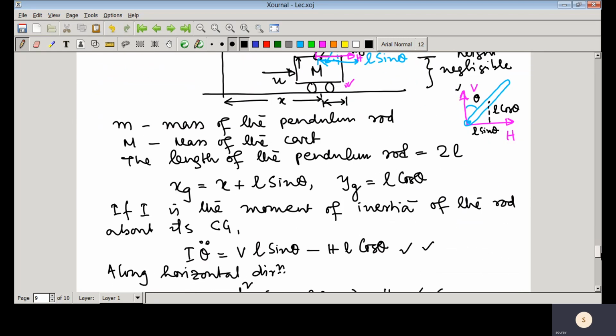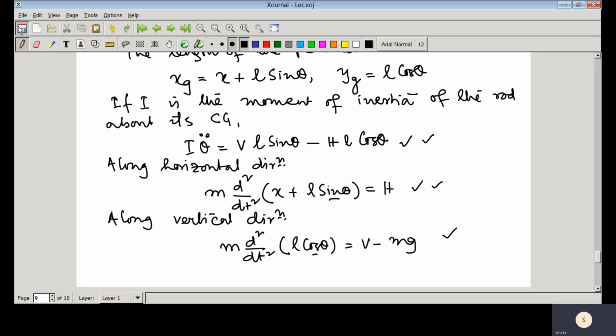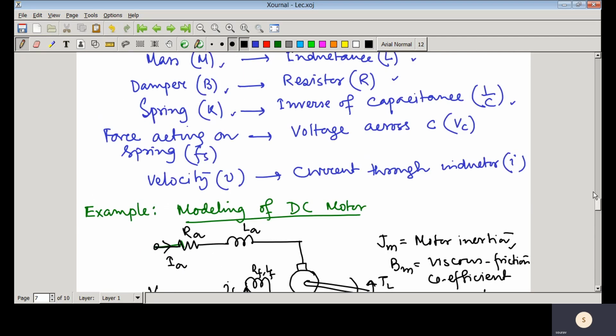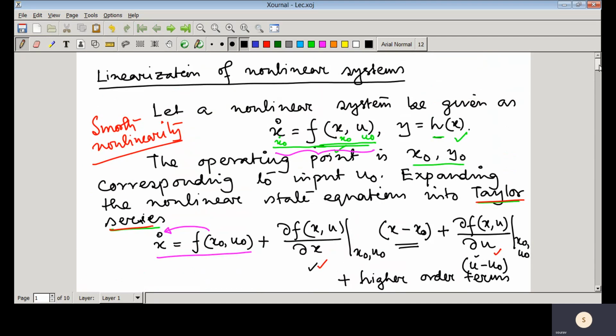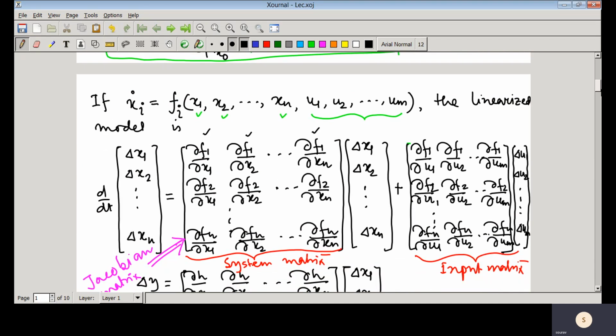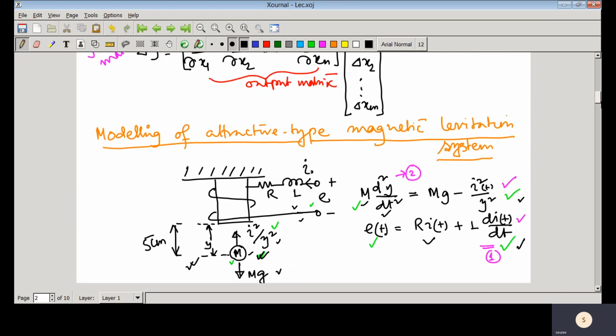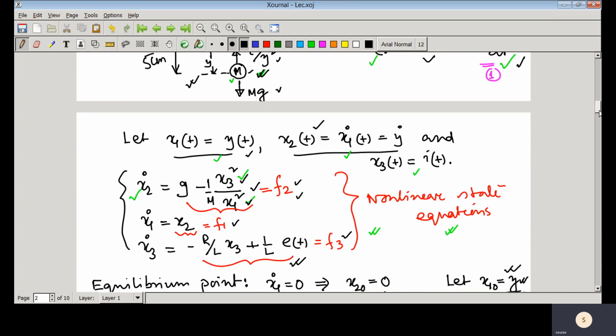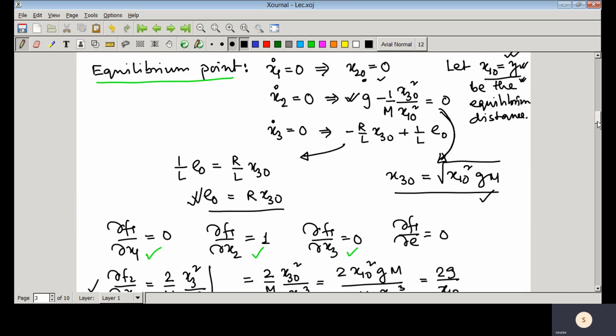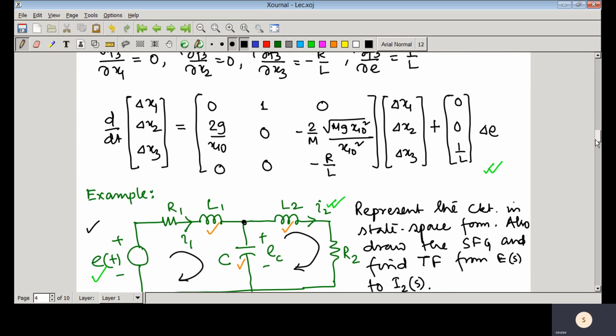And here, let us see what we have done. In this particular part, we started with linearization, and then we modeled the attractive type magnetic levitation system and got the linearized model at the equilibrium point.